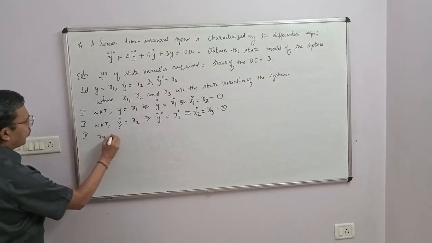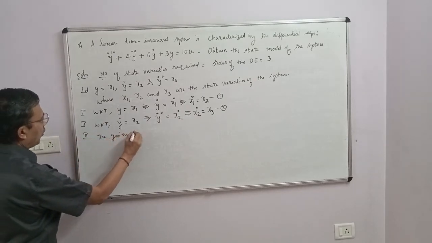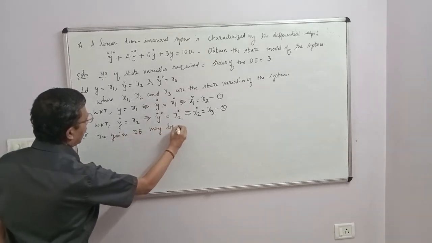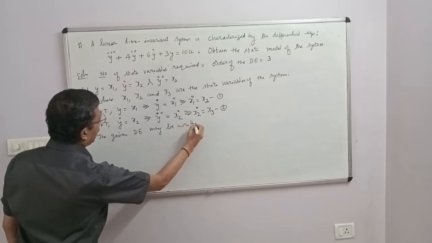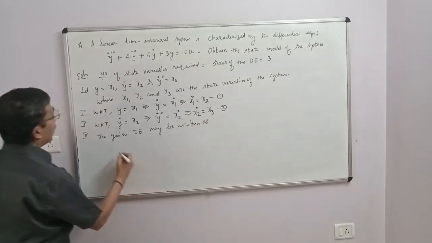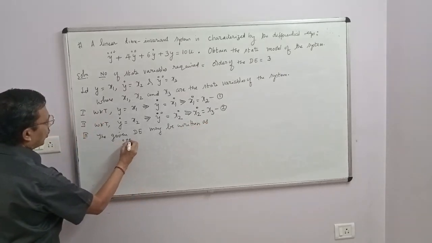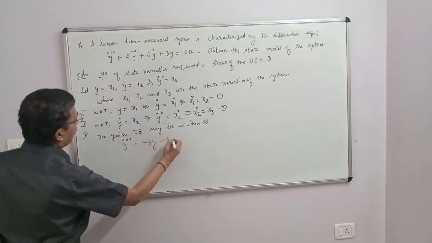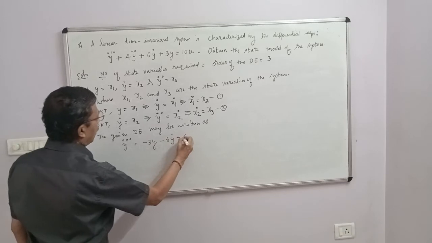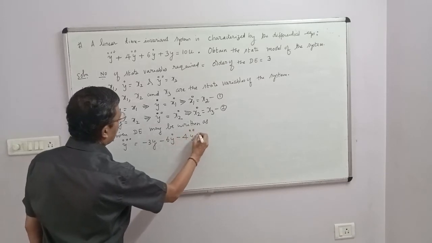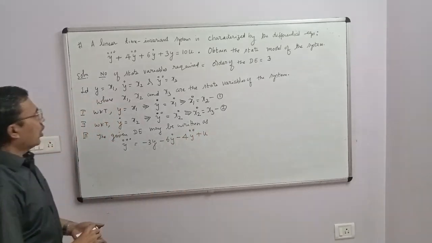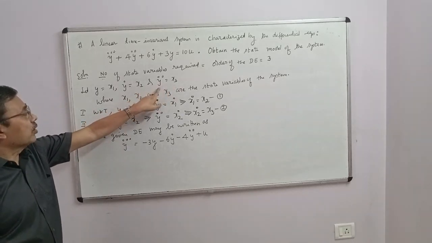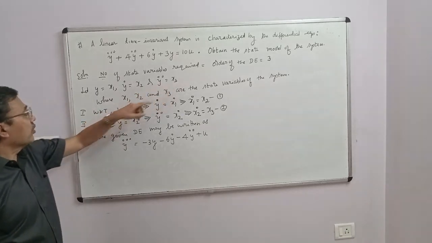Third step. The given differential equation may be written as y triple dot is equal to minus 3y minus 6y dot minus 4y double dot plus 10u. We have y double dot is equal to x3. y triple dot is x3 dot.